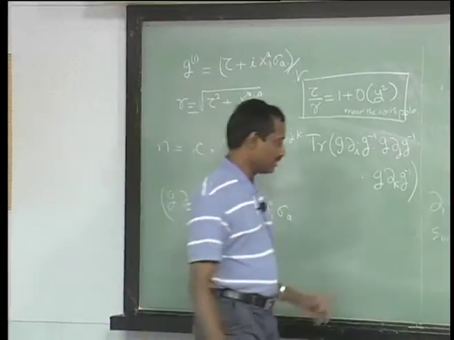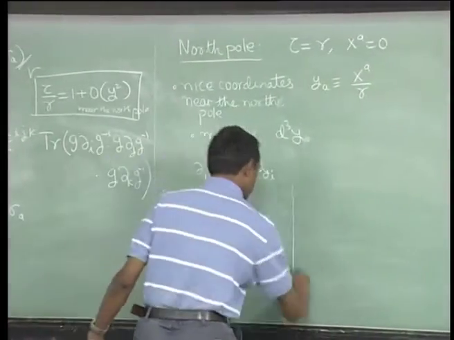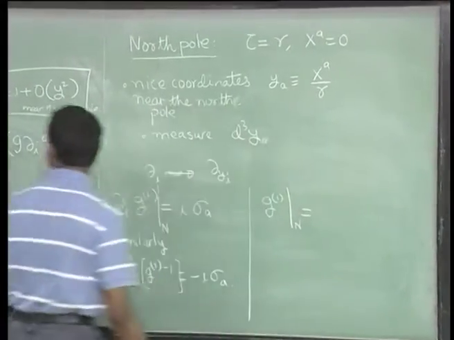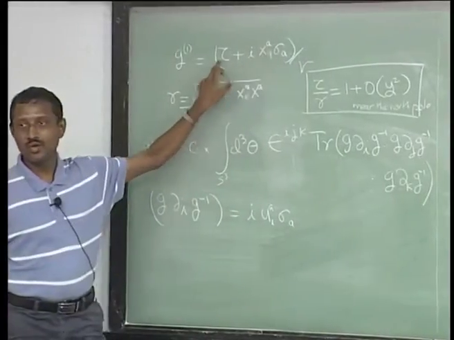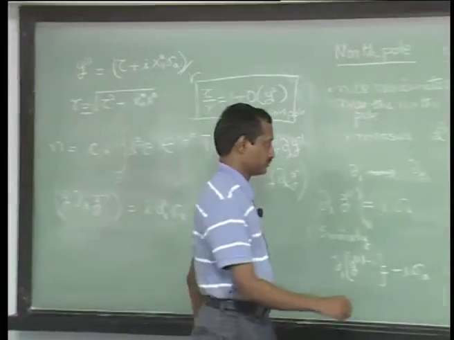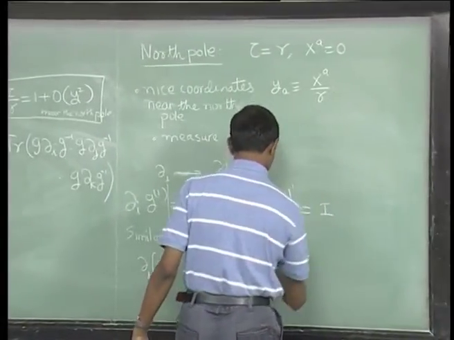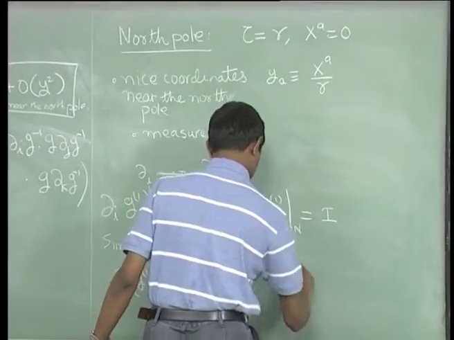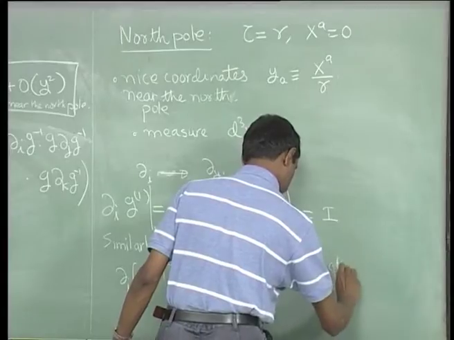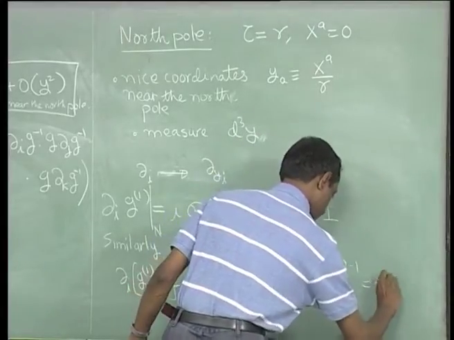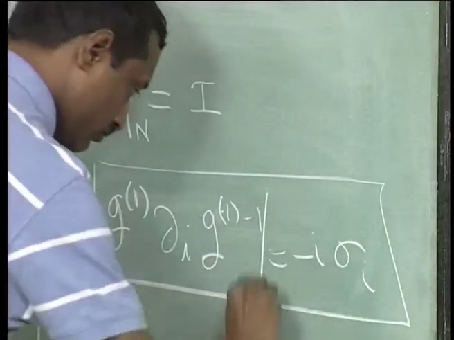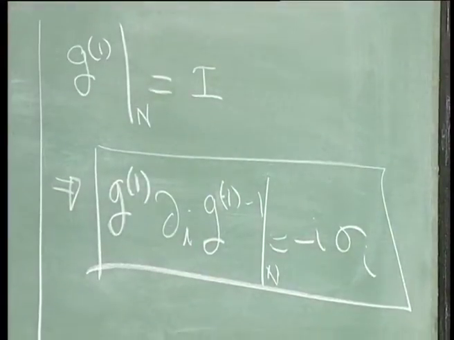So this implies, in fact now you may ask what about g1 at the north pole. What is it equal to? The y's are 0 and it is just the identity matrix at the north pole.